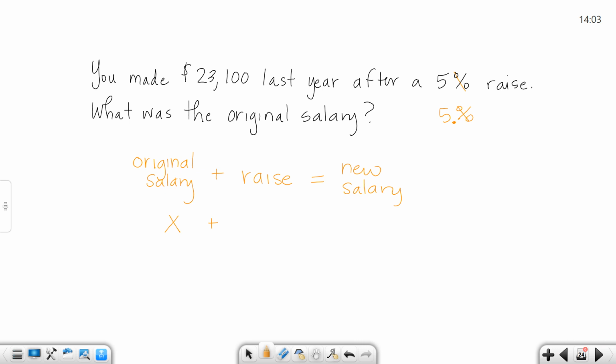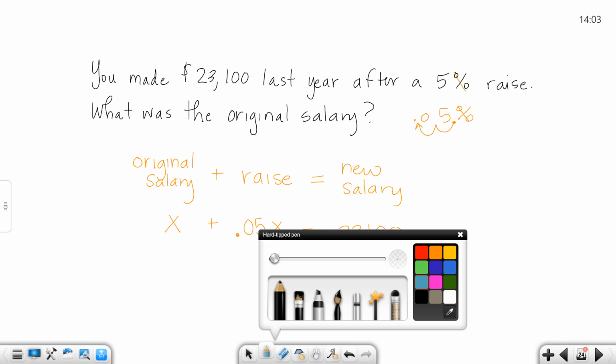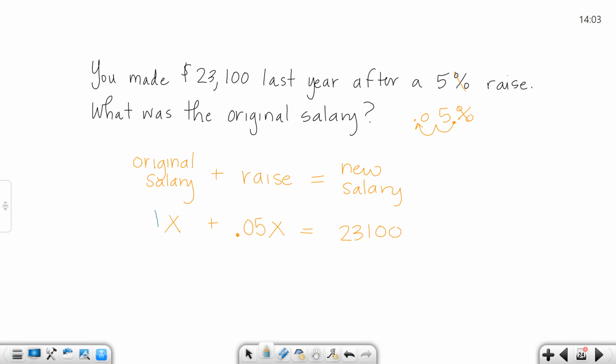So to turn that into a decimal, I'm going to drop the percent sign and move it 2 places to the left. So it was 5% of the original salary. And my new salary was $23,100. Now, if you look at these orange x's, there's an understood 1 right there holding this place.